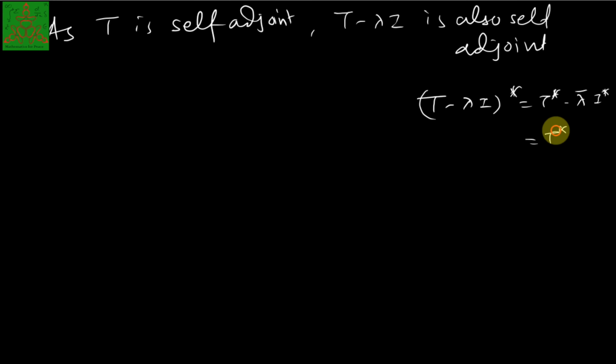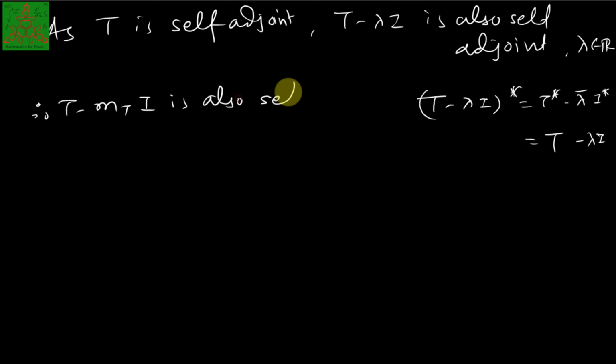So that is T* minus lambda I*, and since T is self-adjoint, T* is the same as T, so that is T minus lambda I. So if T is self-adjoint, T minus lambda I is also self-adjoint for lambda belonging to R. So I can say that T minus m(T)I is also self-adjoint in particular, because m(T) is a real number.